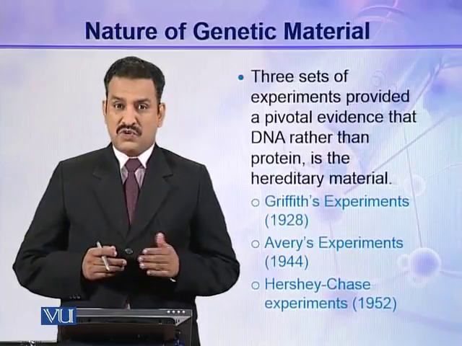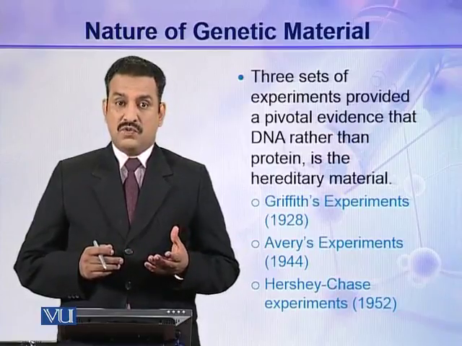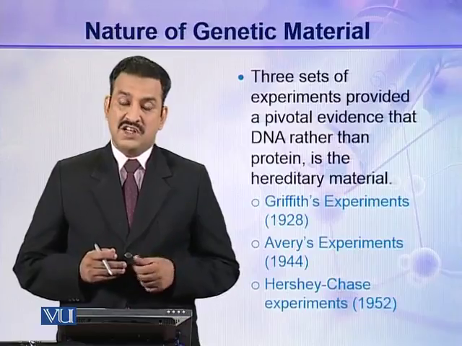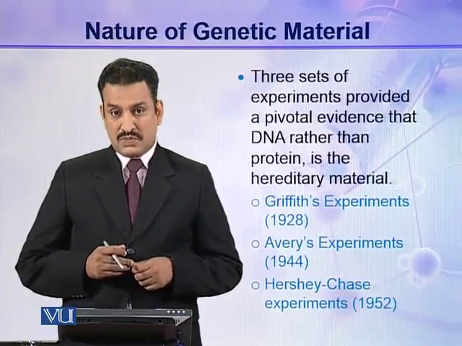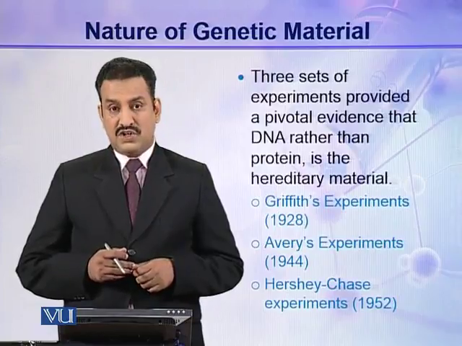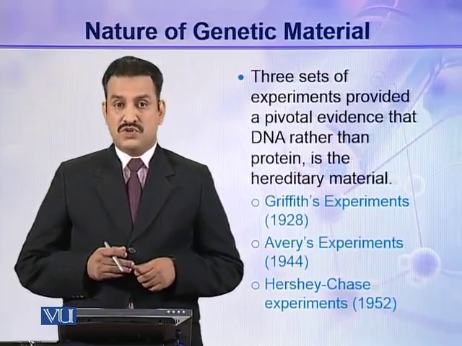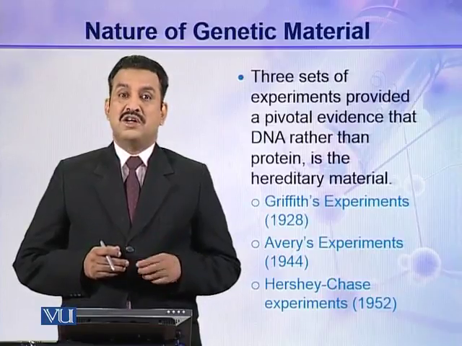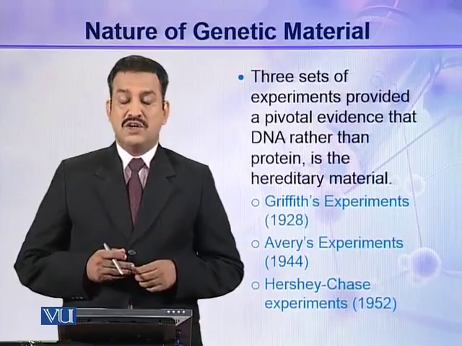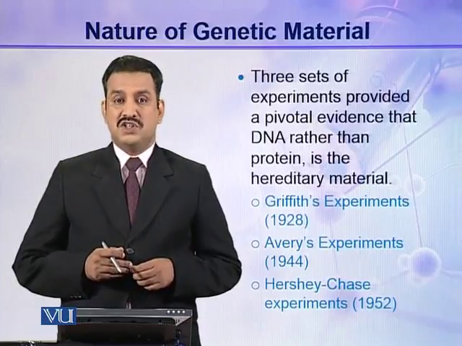These experiments provided a base for the fact that DNA is the genetic material. And finally, the third experiment was performed by Hershey and Chase in 1952. These experiments provided the final conclusion that DNA and not the protein is the genetic material.